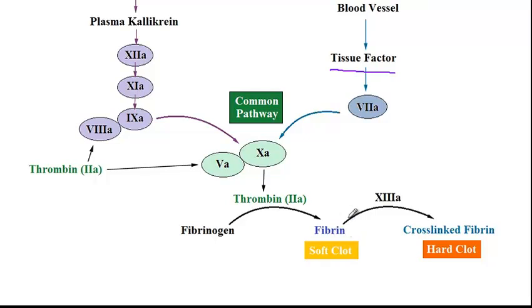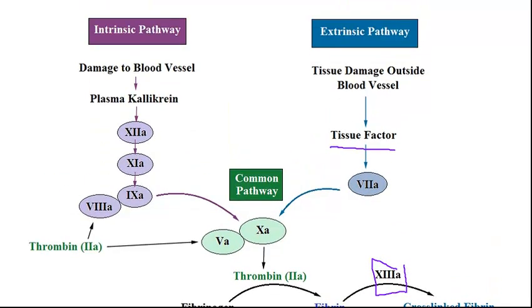Once fibrin is formed, these are monomers that, with the help of factor 13, can convert into polymers, and fibrin polymers will cross-link to form a mesh and strengthen the blood clot. That's the time that a hard clot is formed. So one mechanism of activation of thrombin and fibrin was via the extrinsic pathway.